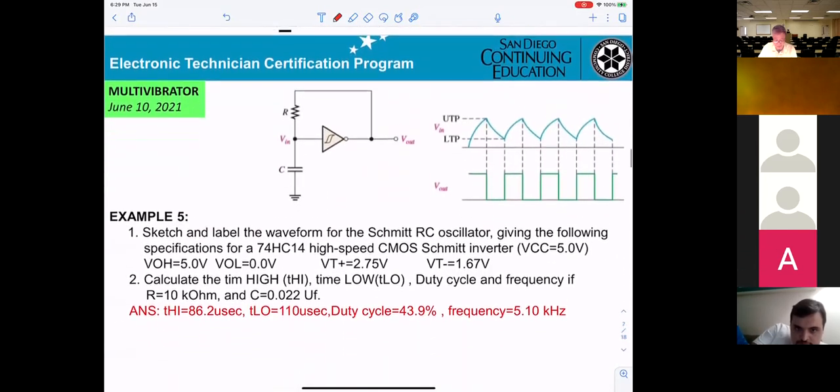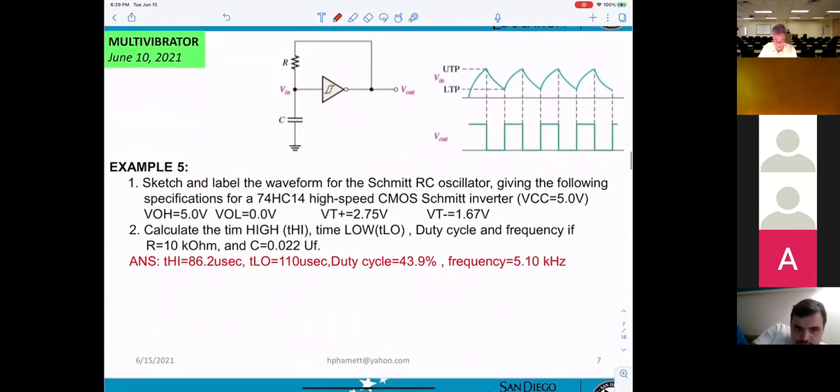Now we see here. Okay, now they give you this circuitry here. They want you to label the waveform of the Schmitt RC oscillator.